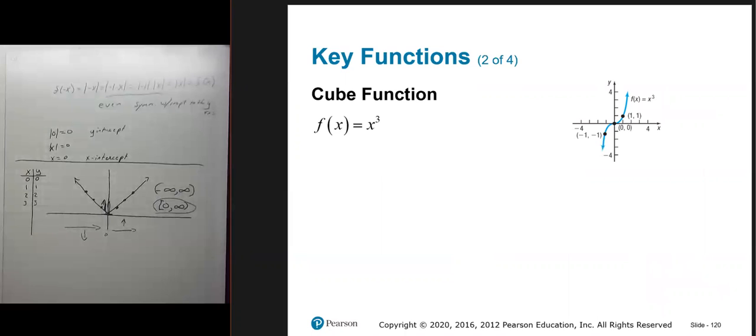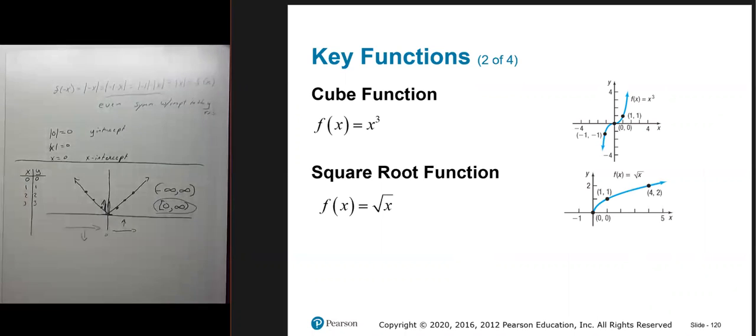Here we have the cube function. It's another odd function. f of negative x equals negative f of x, so f of negative x equals the negative of x cubed. We have the square root function, which we already discussed. It's neither even nor odd.